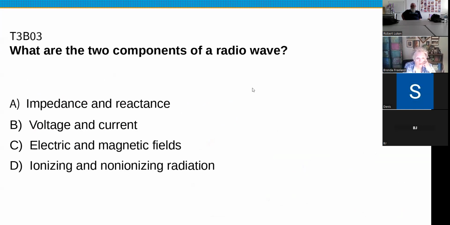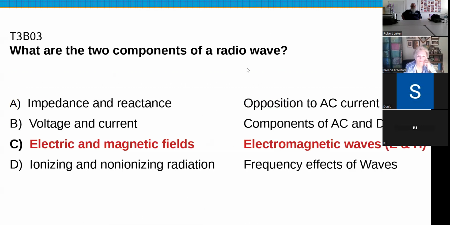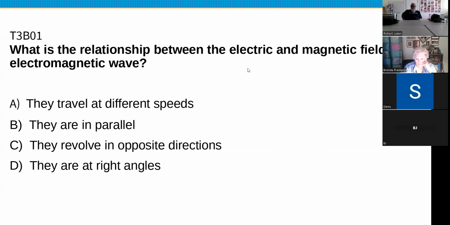So the first question, what are the two components of a radio wave? Charlie. Okay. What is the relationship between the electric and magnetic fields of an electromagnetic wave?